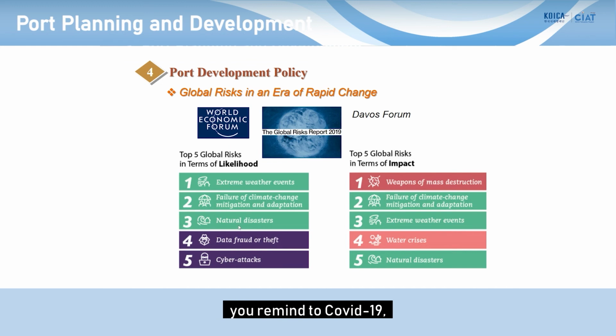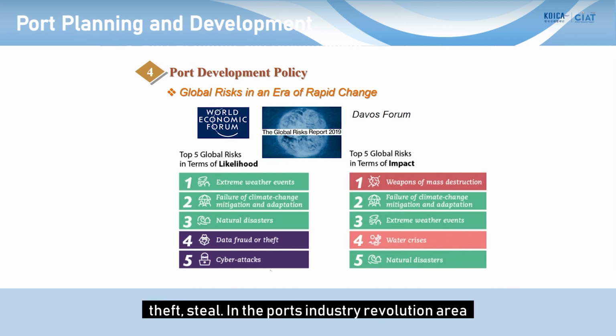You remember COVID-19, which is a disease, a natural disaster, one of the disasters. War, that is artificial. Cyber attack and data fraud or data theft in the post-industrial revolution era. Risk control is the most important issue nowadays.